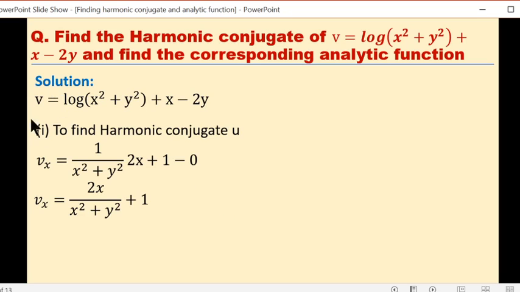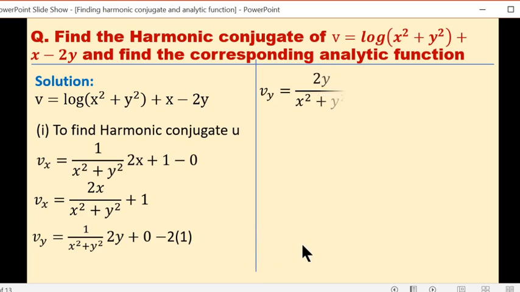Okay, we are given only v, so to start with we started with the partial derivative. Next we find the partial derivative of v with respect to y. The derivative of log is 1 upon, so the derivative of log of x square plus y square will be 1 upon x square plus y square into the derivative of x square plus y square with respect to y, which is 2y, plus there is no y term here so the derivative is 0, minus 2 into the derivative of y, which is 1.